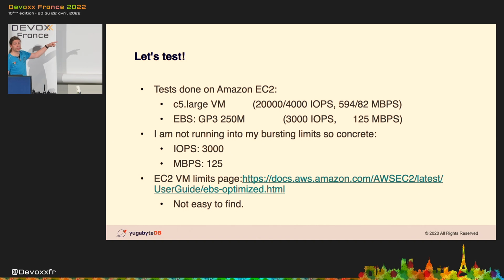People understand that disks have limits, so if you buy a small disk, you have a small amount of IOs, and if you buy a disk with a lot of storage, you have a lot of IOs. Anyways, my IOs per second limit is 3000, and my megabytes per second limit is 125, and that can be reduced by bursting, but I'm not running into bursting limits, as you will see.